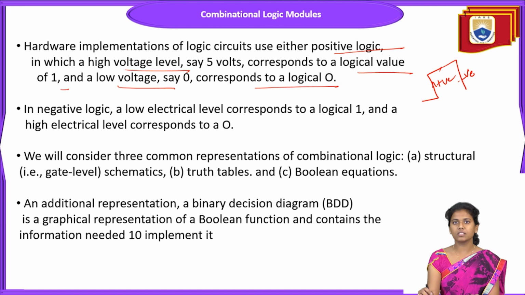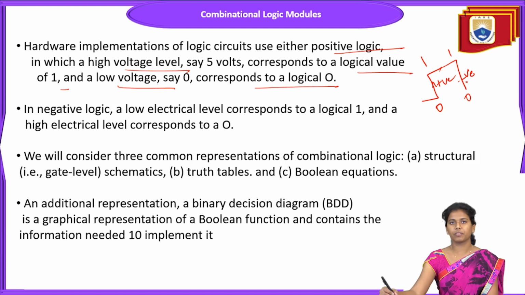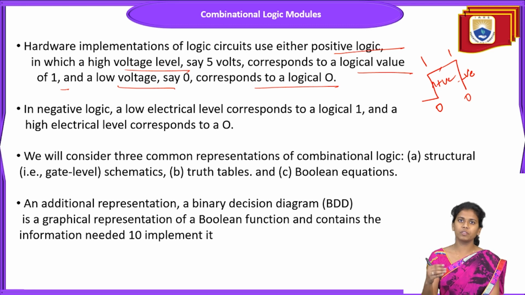The positive edge is nothing but the rising from 0 to 1, that is low to high, and the negative edge is nothing but the transition from high to low. Whereas in a positive edge, the logic value goes from 0 to 1.